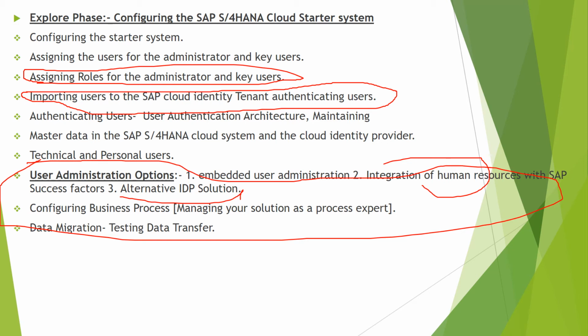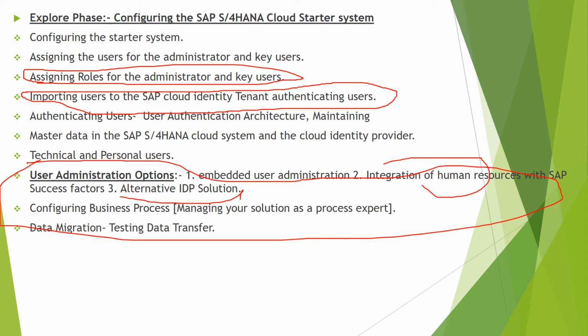The steps required to import the data: log into the system with the administrator user, select the Manage Your Solution tile in the Full Implementation group, select the Migrate Your Data function, and then perform the steps described. Already described, right? So this is about testing the data transfer.